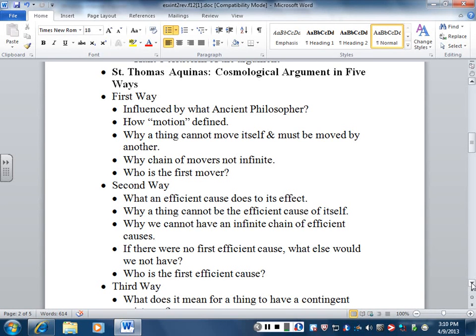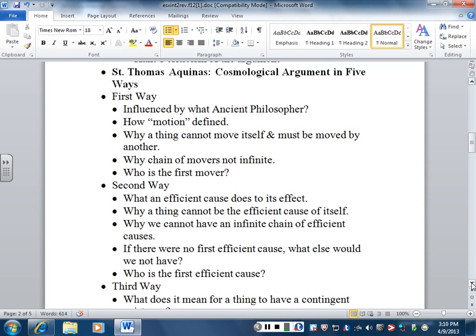So here he says, okay, what are the possibilities? Well, things might set themselves in motion, right? I mean, they could just spontaneously do it. But then he says, we can rule out that option because they would have to be in potential motion and actual motion at the same time, and something has to be one or the other, in potential motion or actual motion, but not both.